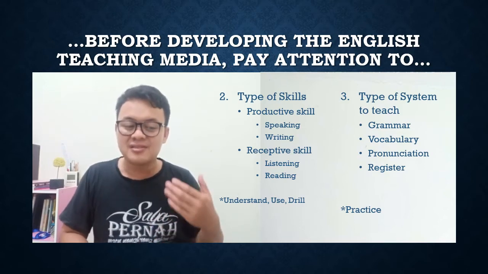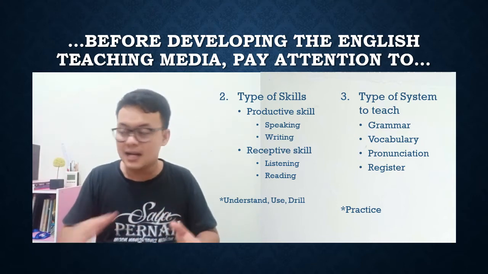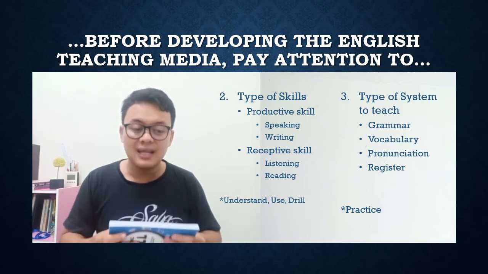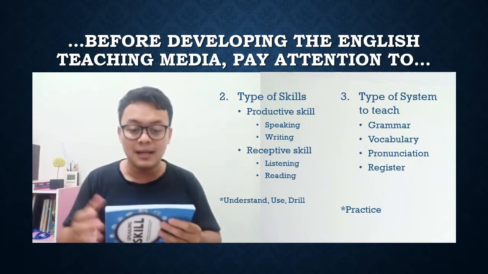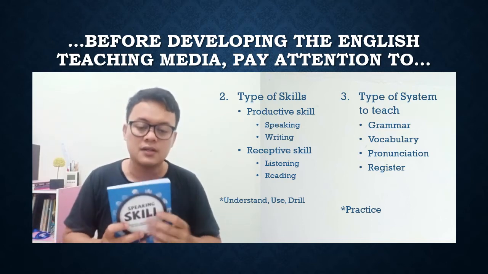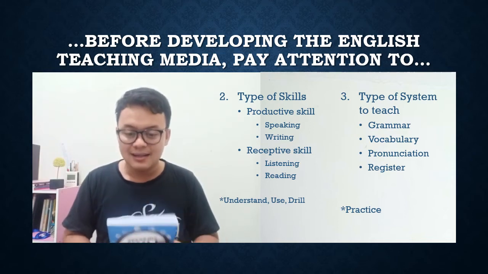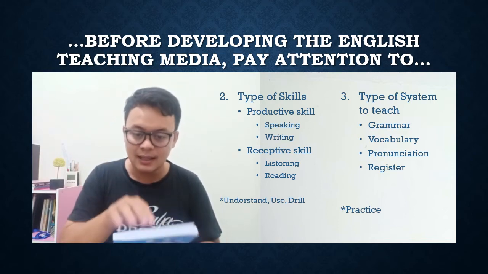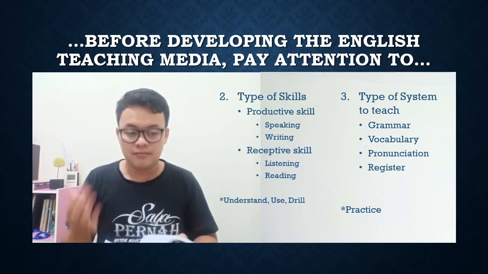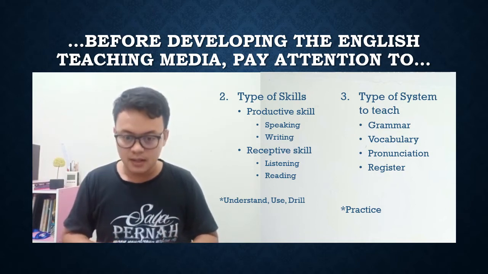Reading is also a receptive skill because you receive the information inside the book, for example, because this book is written by someone else, which means that someone produced this language, and then you, in the form of reading, receive that information. That's why we call it receptive skill, right?